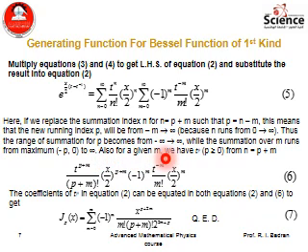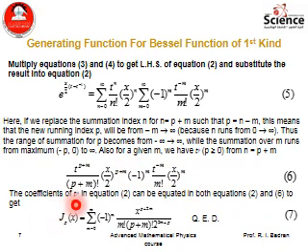Also, for a given m, we have t to the power p, as p greater than or equal to 0 goes from n equal p plus m. However, the generating term here becomes t to the power p plus m instead of n, over the factorial, instead of n factorial, we get p plus m, and here we have x over 2 to the power p plus 2m, and the rest remains as is.